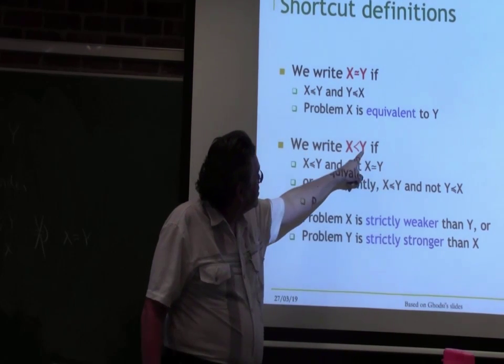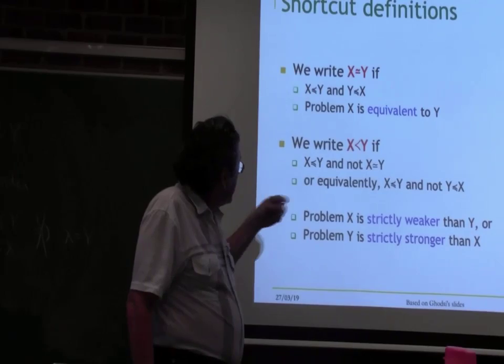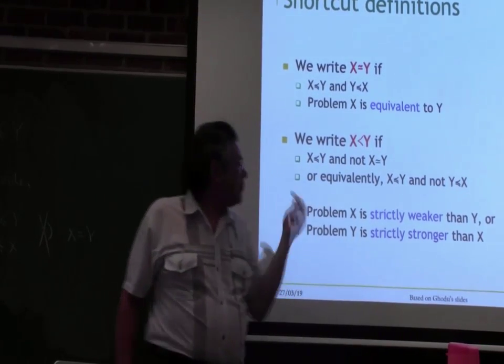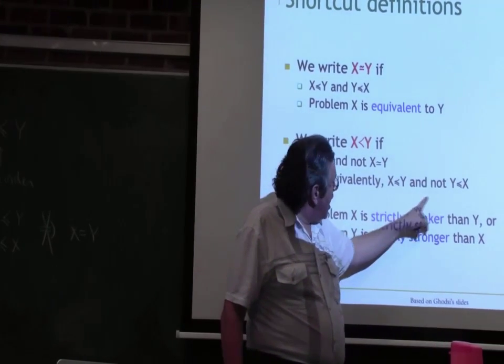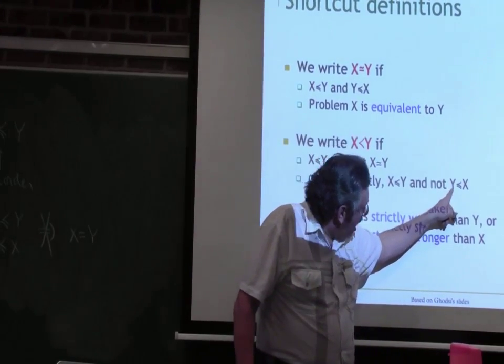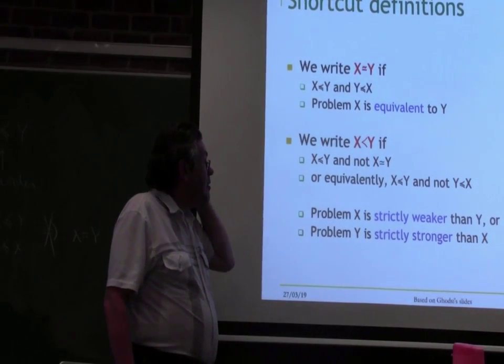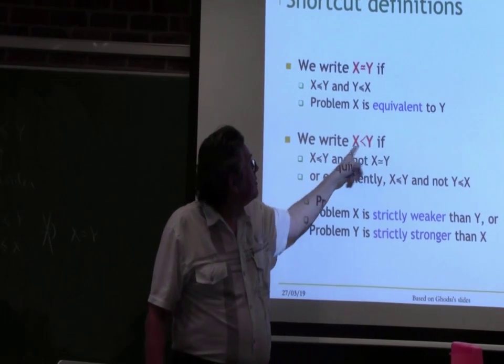Or you can say y is strictly stronger than x. That means you can use y to implement x, but not the other direction, okay? X can be reduced to y, and y is not reducible to x. So this makes a strict comparison between the two.